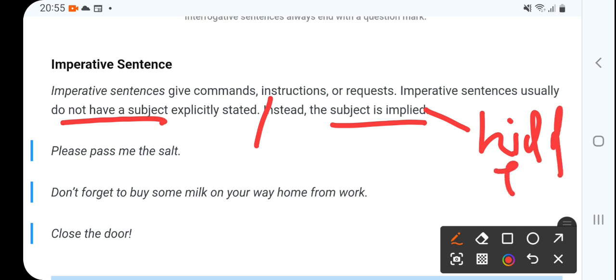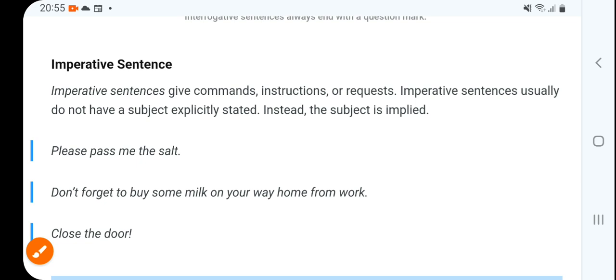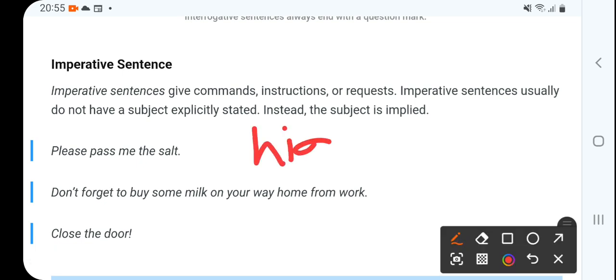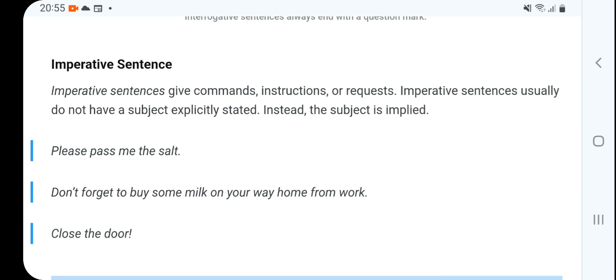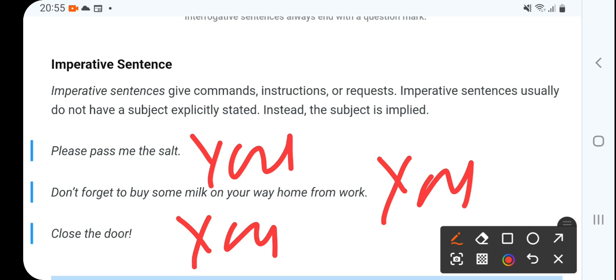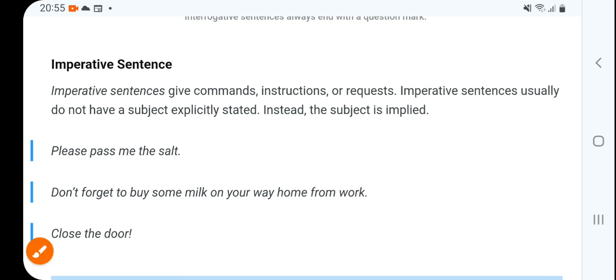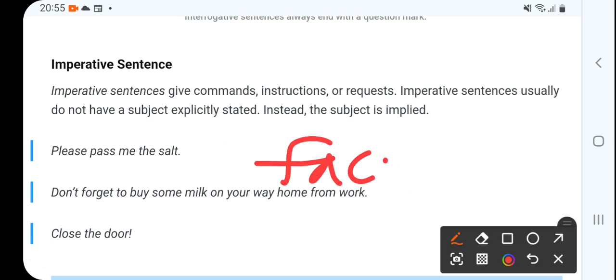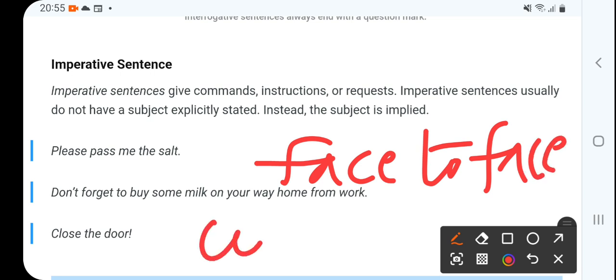Why? Because in all the cases the subject is you, since this is face to face conversation.